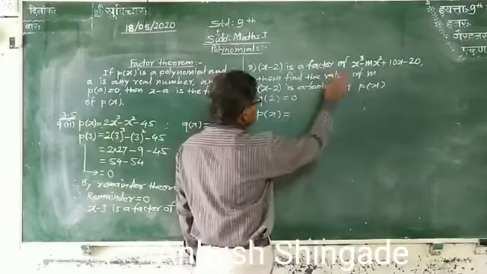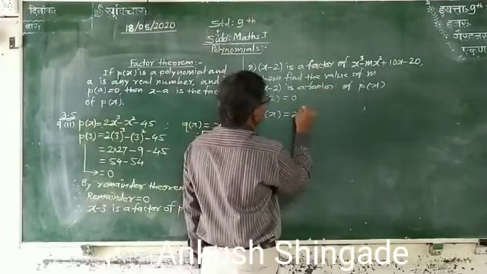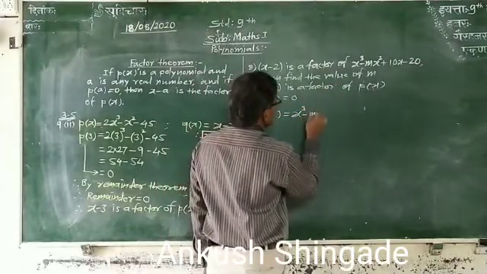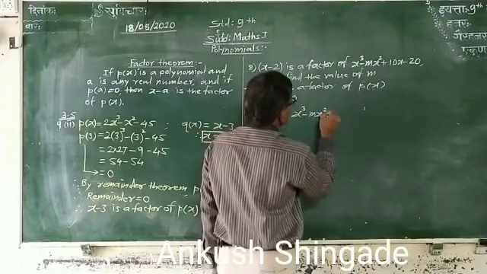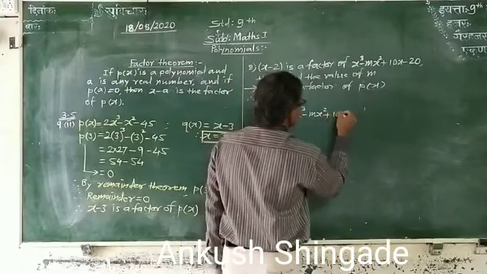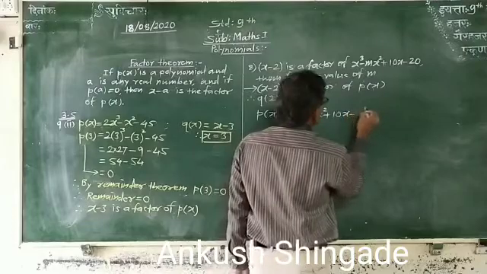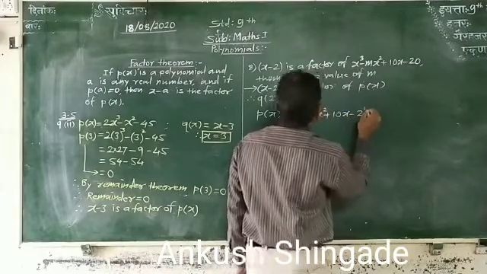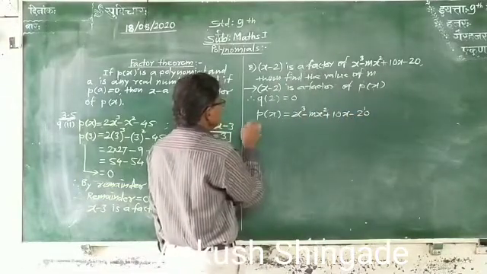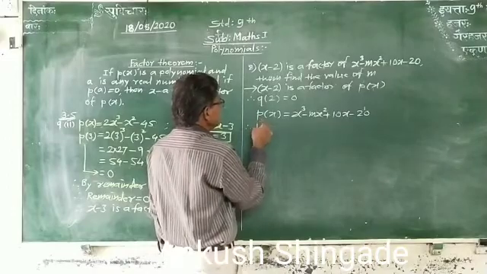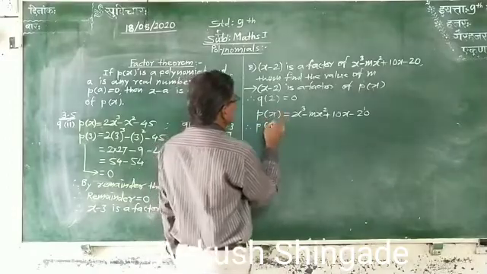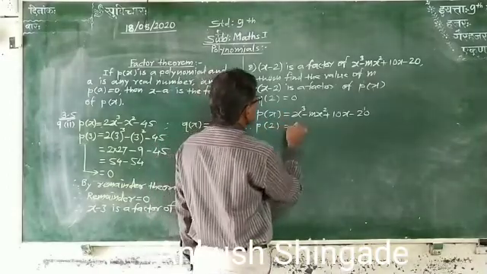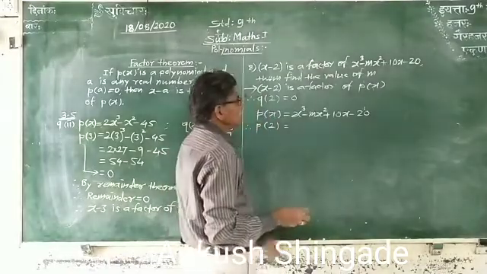It is given as x cube minus mx square plus 10x minus 20. Now we have to find the P, x equal to 2.